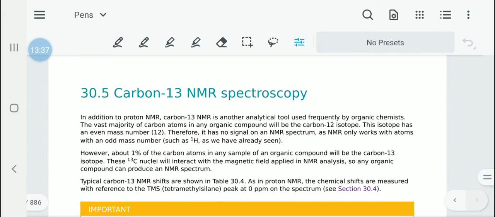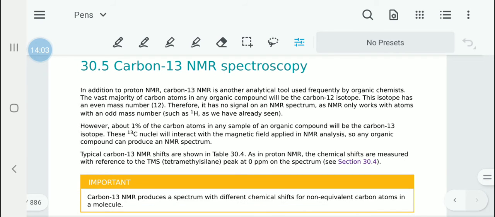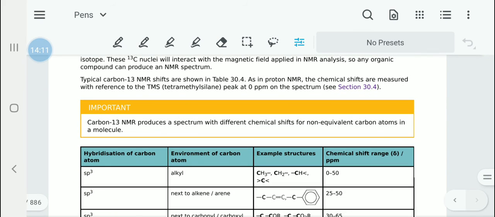Write down. Carbon 13 NMR spectroscopy. In C13 spectroscopy, just like in H1 spectroscopy, a chemical shift is obtained which should be compared with the TMS peak and the chemical is identified.